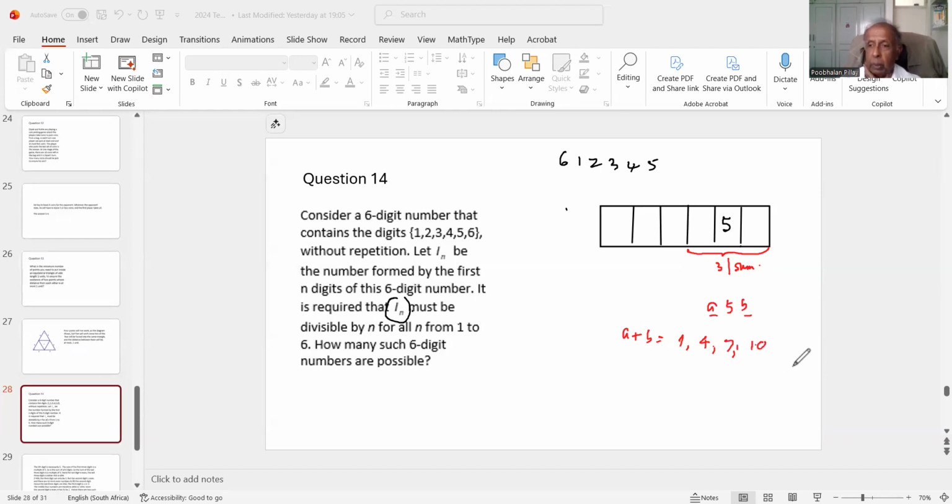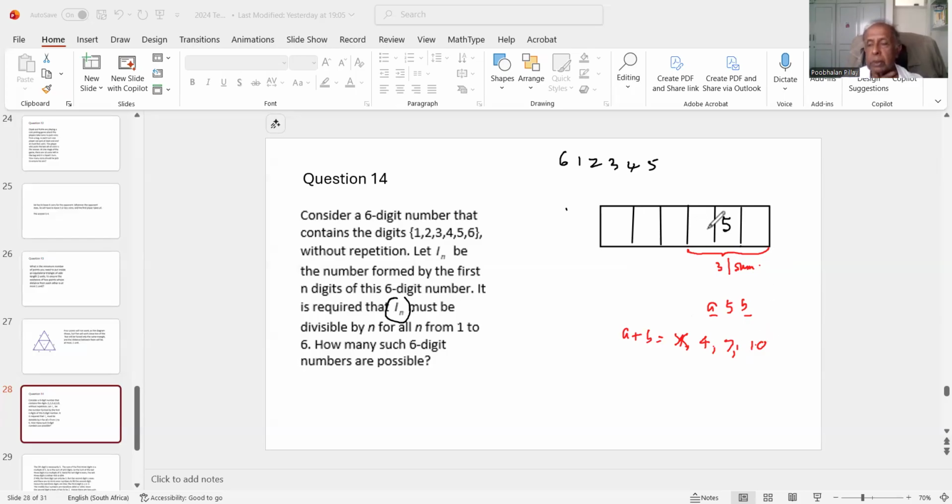So A plus B could be any one of these. But now A and B are coming from here, and I already got 5, so I'm not allowed to put in 5. A plus B equal to 1 is impossible. A plus B equals 10 is possible. You can have 4 plus 6.